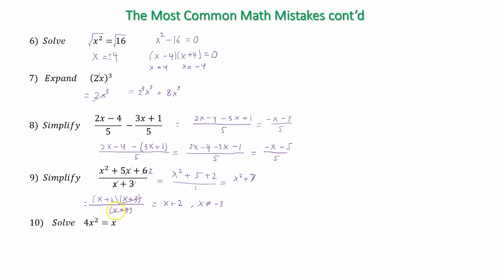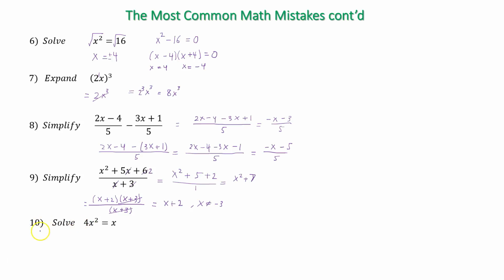If we were to substitute -3 into this, then the bottom would equal 0, and then you would end up dividing by 0. So when simplifying rational expressions, it's very important to list restrictions, not just the final simplified expression.